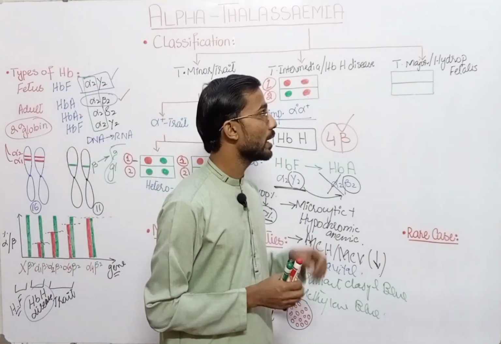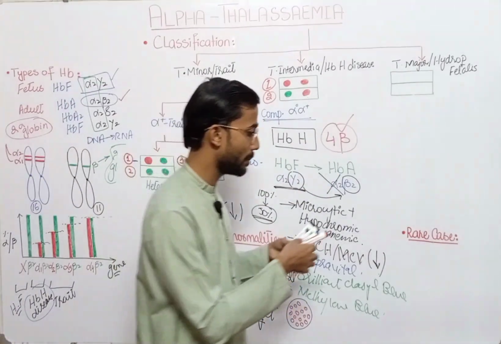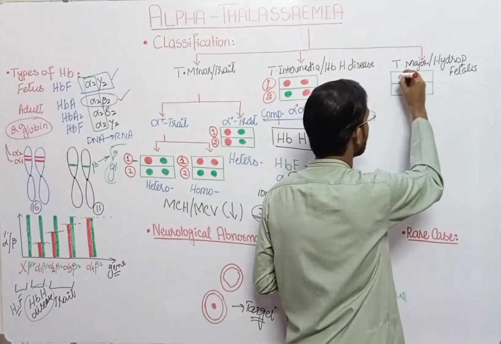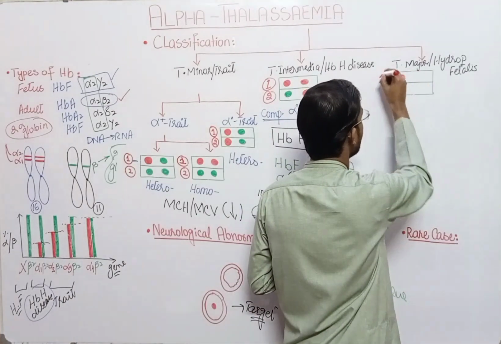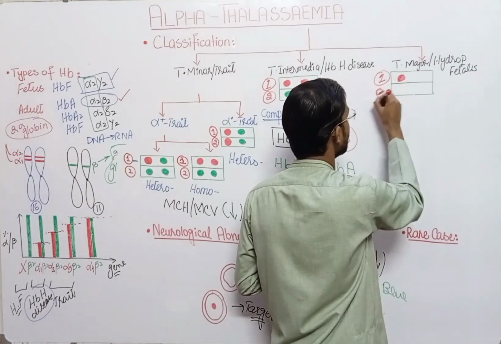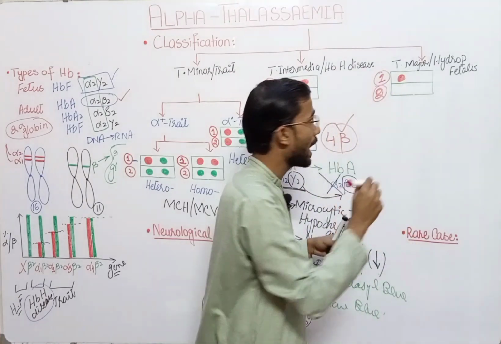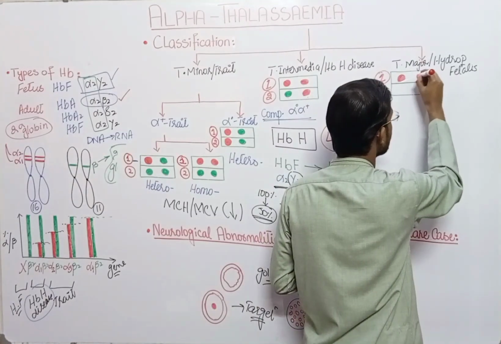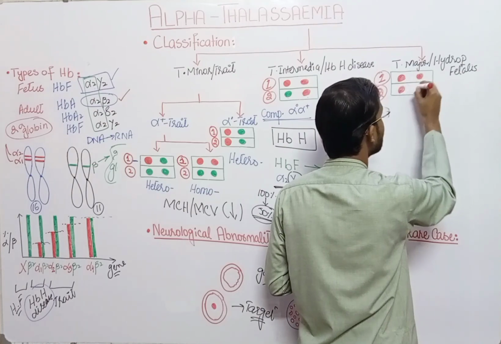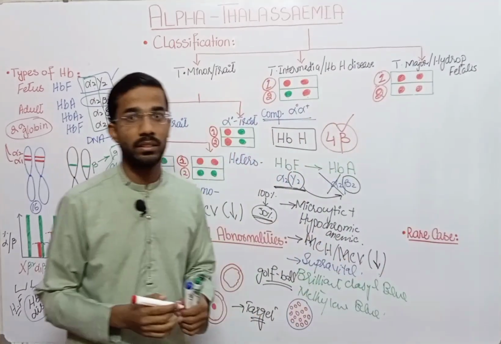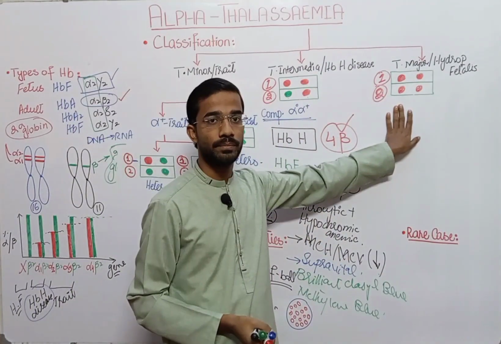Last is Hydrops Fetalis or thalassaemia major, and it has two genes, gene 1 and gene 2, and both the genes have defective or deleted alleles.